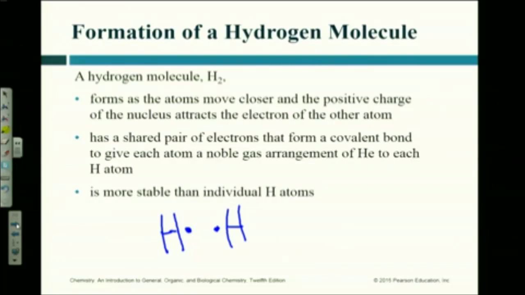Now, how many valence electrons does hydrogen want to have is the question. It's tiny. What's the closest noble gas to hydrogen? Helium. And how many valence electrons does helium have? 2. Only 2. So hydrogen only needs 2 to be happy.